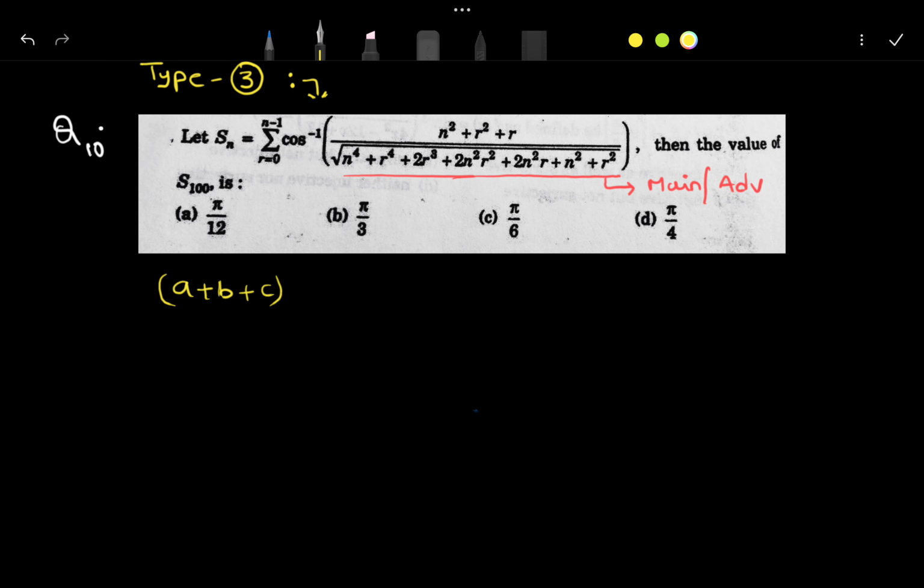Its expansion is a² + b² + c² + 2ab + 2bc + 2ac. We know this formula already.